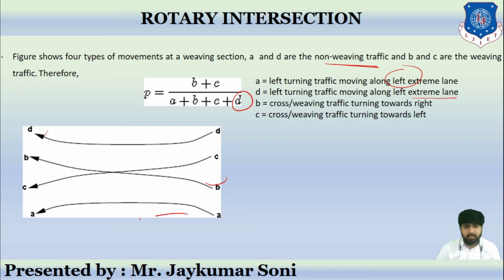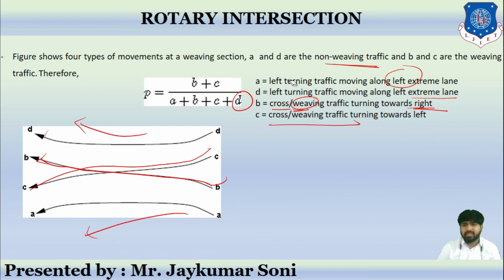You can see left lane, left lane. B means cross or weaving traffic. It is turning traffic towards the right direction, and C is turning traffic towards the left direction. So B would be about the right and C would be about the left or vice versa.